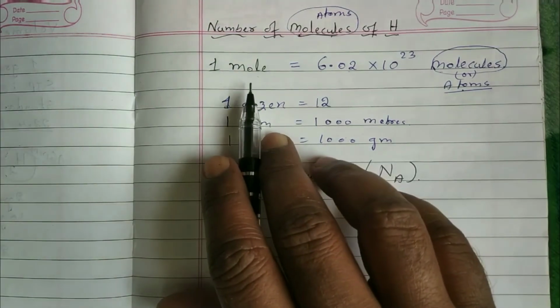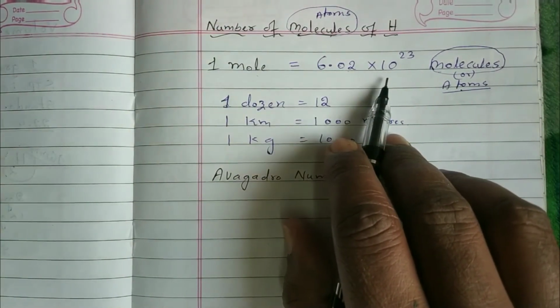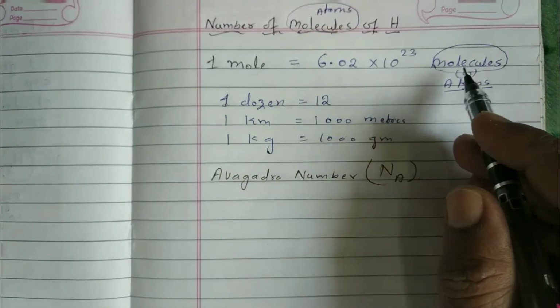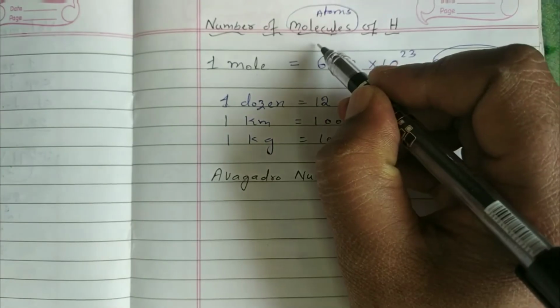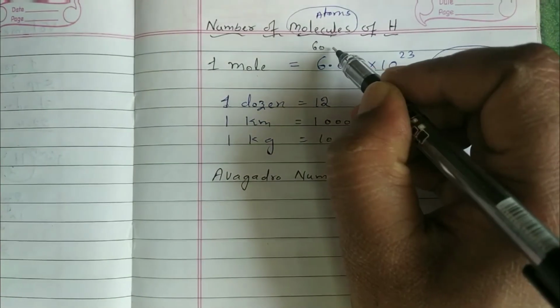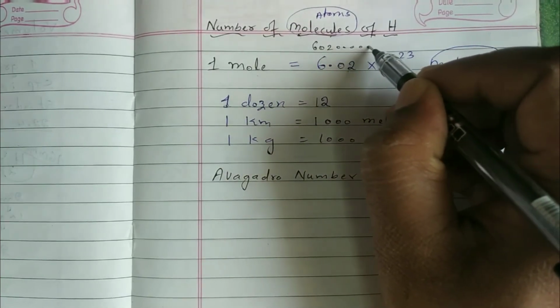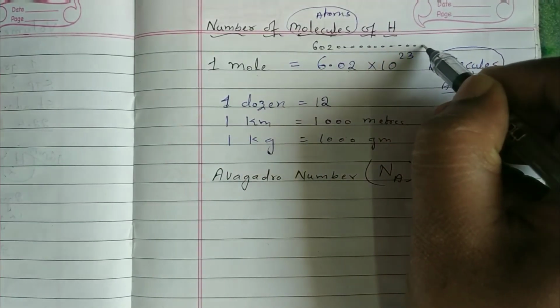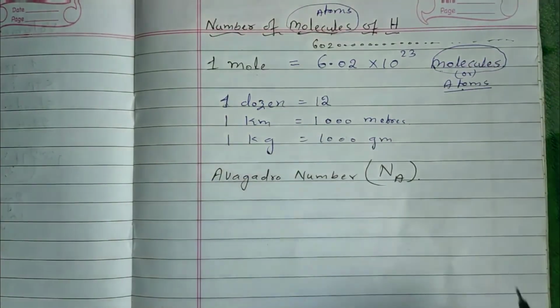So 1 mole of any substance, it occupies this many number of molecules. So do you think that this number is small or big? Yeah, this number is very big. For example, if I am taking 6.02, I have to take 23 zeros like this. So many it continues. It is a very huge number.